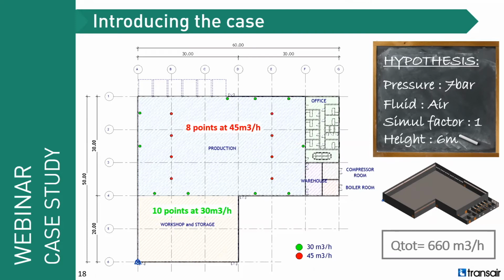So the total flow rate, when we do the sizing, is going to be the total flow rate of all the points, meaning in our case 660 cubic meters per hour. Last, the height of the network, we're going to go with 6 meters. It's only for drawing purposes in Revit.